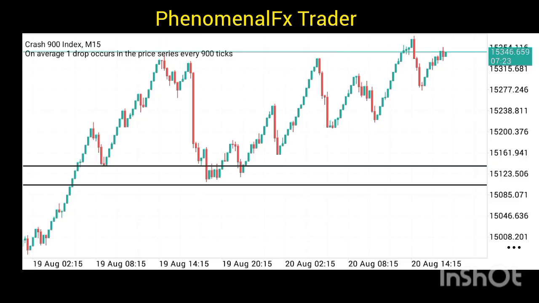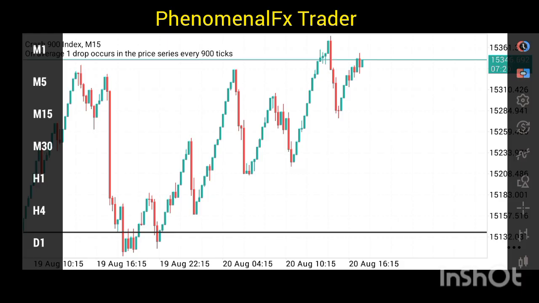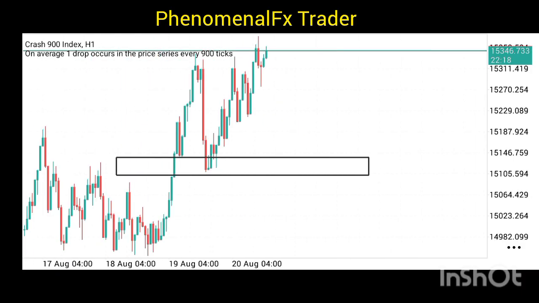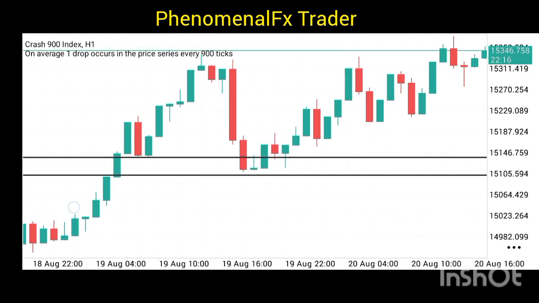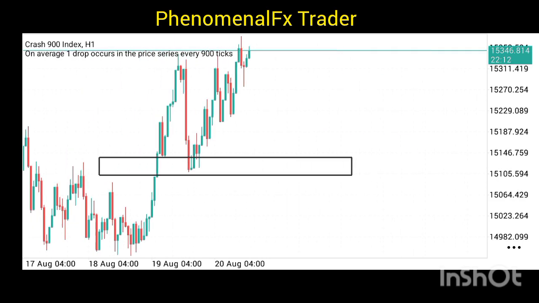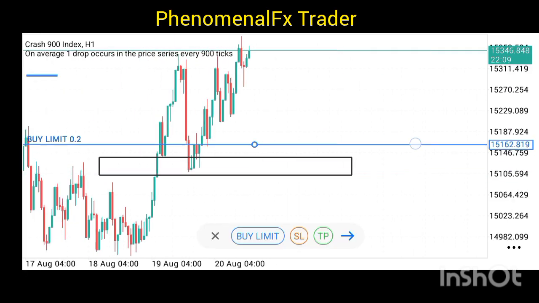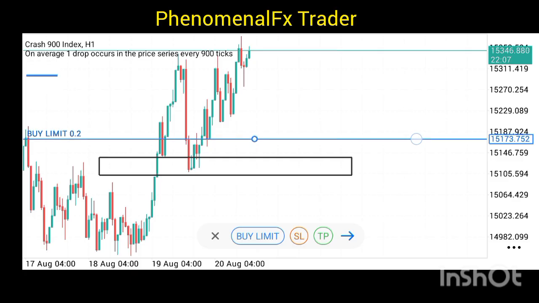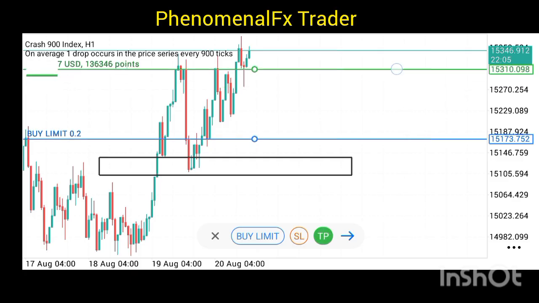If I was awake, I would have re-entered, because on the 1 hourly time frame the market later gave a much better confirmation for the buys. I would have taken my buy right from this level here, then held it up to here.